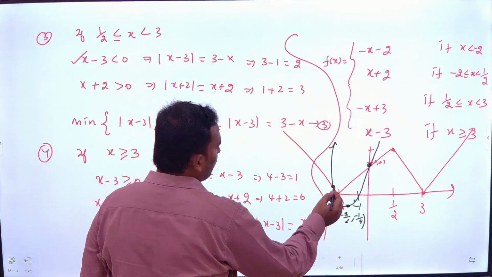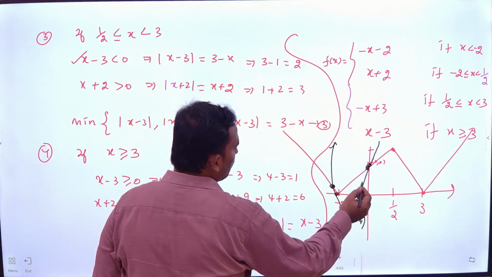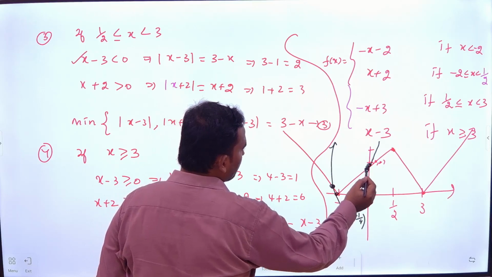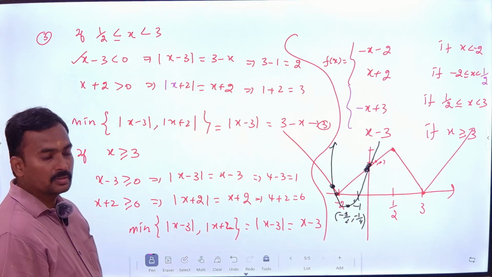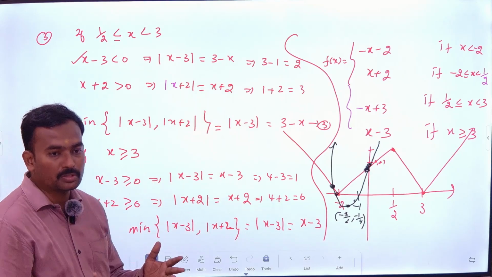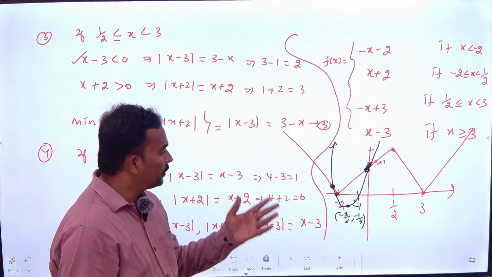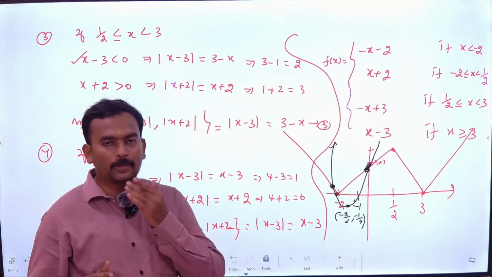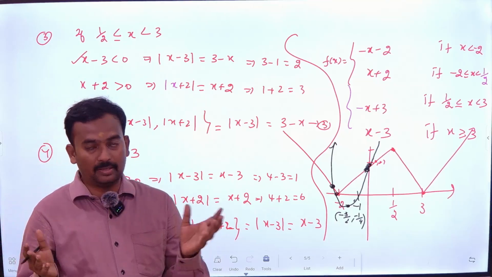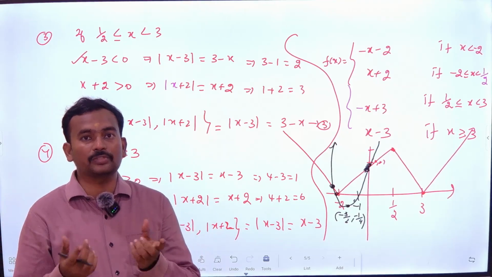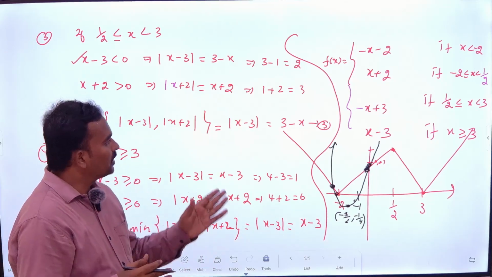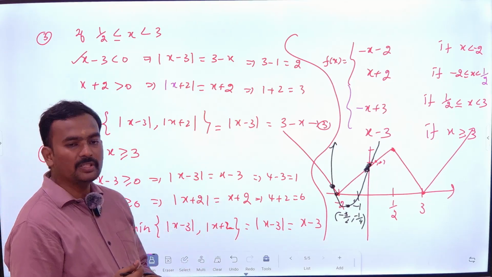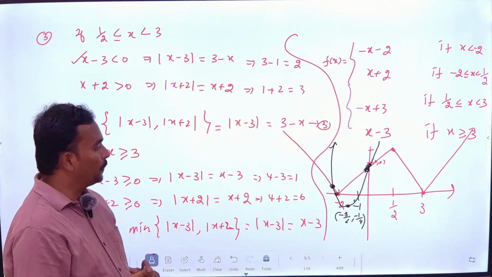So therefore the number of intersections will be what? The graph will intersect at 2 points, right? Clearly understood? So therefore the number of solutions of the equation is 2. For these kinds of questions, what you can do is draw the graphs separately. Where these two graphs are intersecting, that is the number of solutions. Therefore, what is the answer for this question? Number of real solutions is 2.